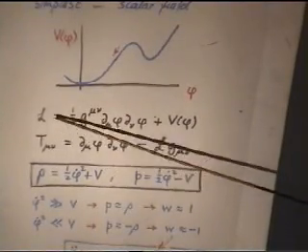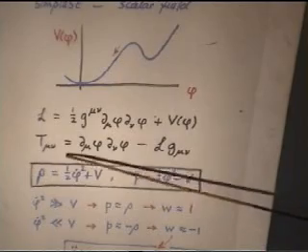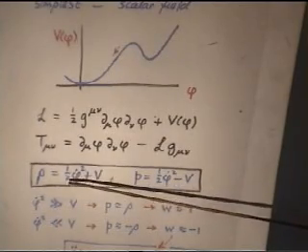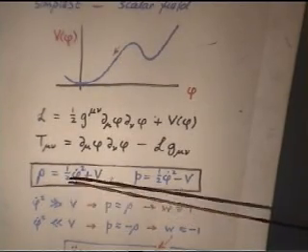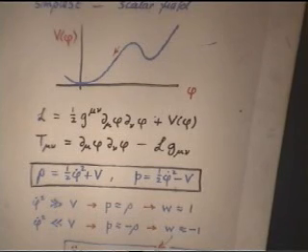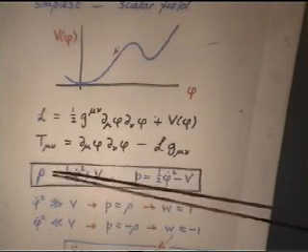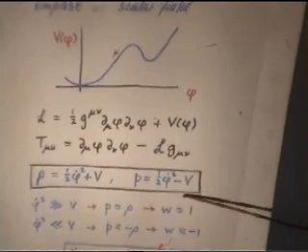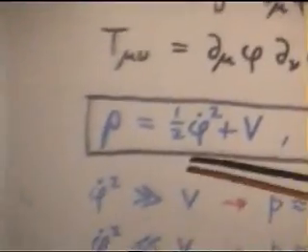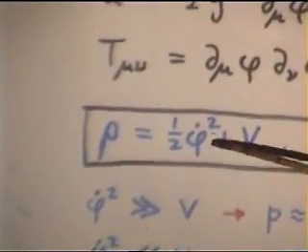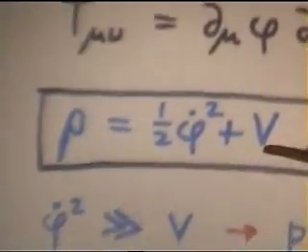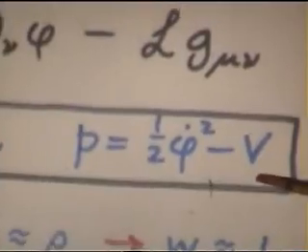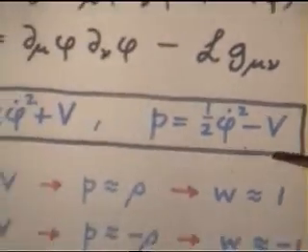The energy momentum tensor you can work out from the Lagrangian, and from that, as an exercise for maybe the workshop week in the school, I could set this problem for you. From here you can work out the energy density of a scalar field and its pressure. And this is the key formula here, which George has also mentioned. You get the kinetic energy plus the potential energy here, and the kinetic energy minus the potential energy there.